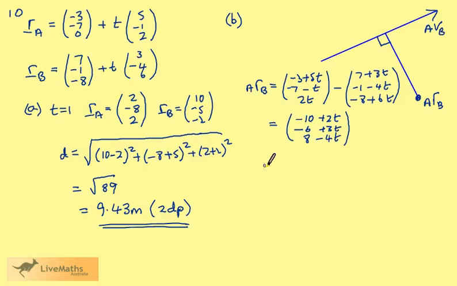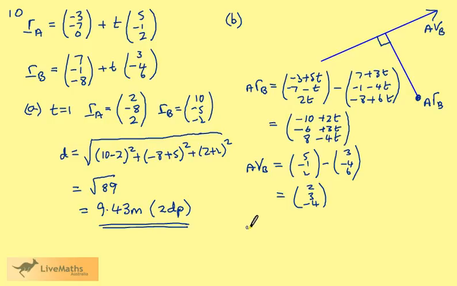If we do the relative velocity, so that's AVB, that's going to be the velocity of A, (5, -1, 2), take away (3, -4, 6), which is the velocity of B, and that gives us (2, 3, -4).